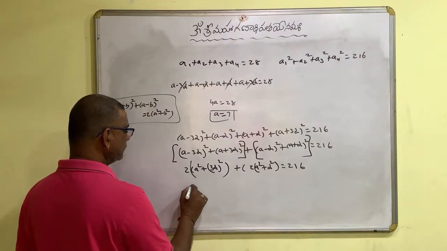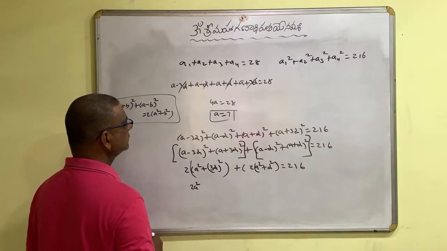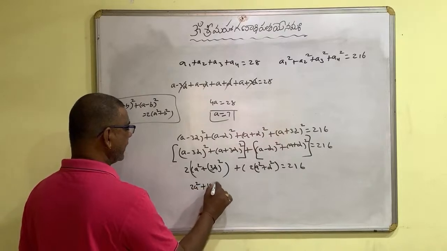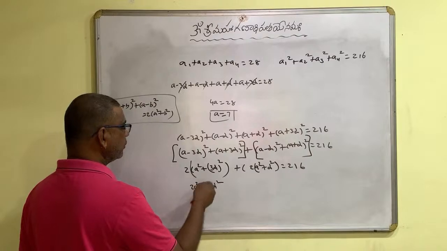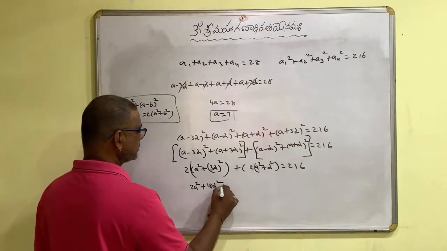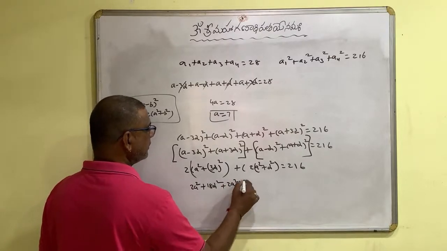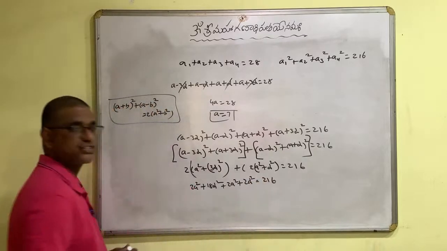Now 2a square plus 18d square. 3d whole square is 9d square, into 2, 18d square. Plus 2a square plus 2d square is equal to 216.